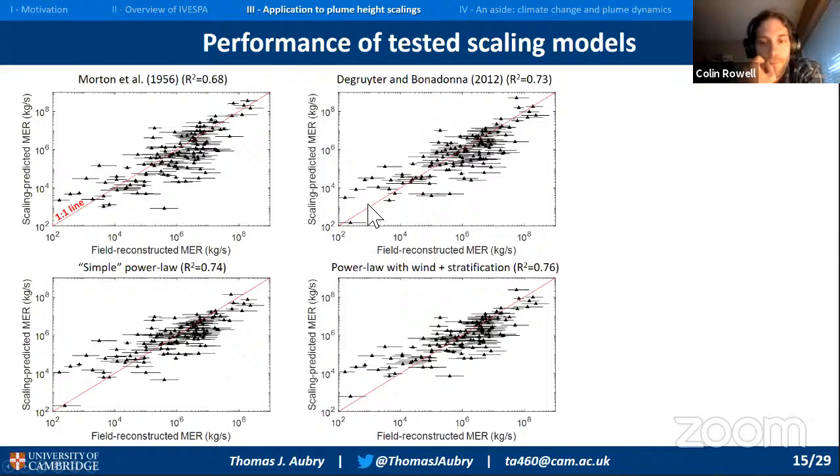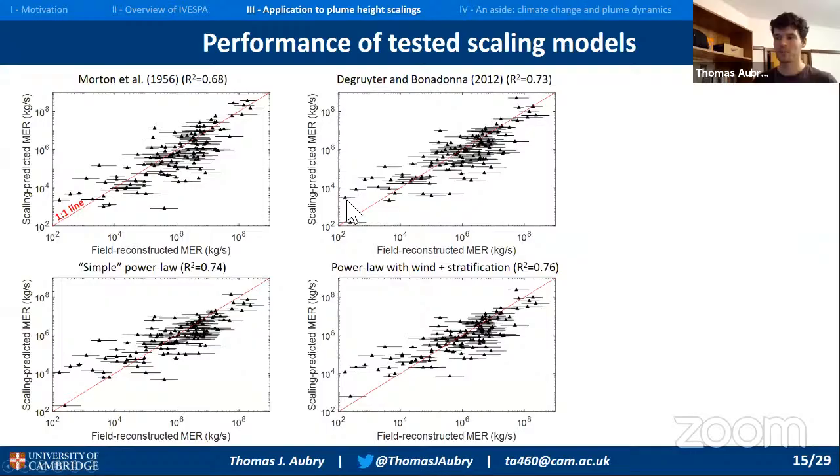Yeah. So, one hypothesis that some of you may have when looking at this graph is that these may be tropical eruptions, and that humidity may play a role. To reach the same height, you actually need a smaller mass eruption rate than predicted by the scaling because humidity is playing a role. But if that was the case, I guess we would expect to see that for other eruptions too.